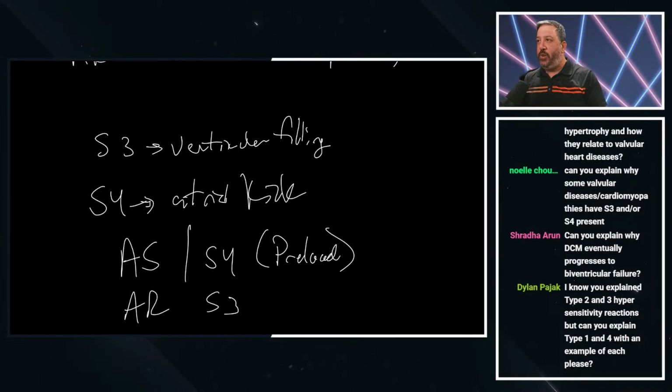That is your S3 for your filling problem with that one. With mitral stenosis, obviously you're going to have an S4 because now you need your kick in there. And those are the big ones.